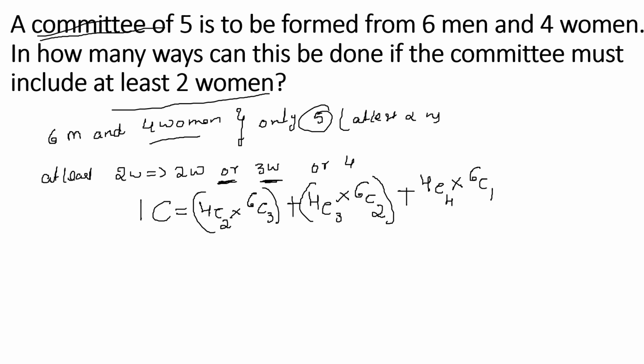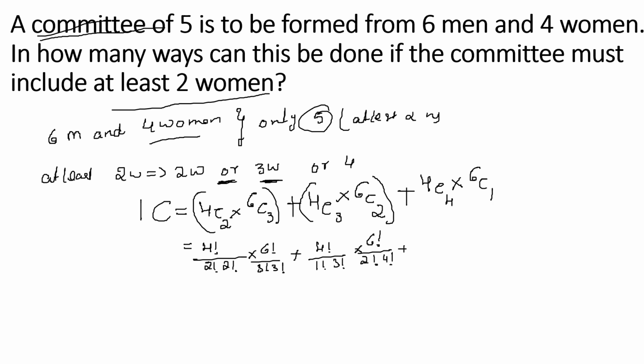So that will be equal to 4 factorial divided by 2 factorial into 2 factorial, times 6 factorial divided by 3 factorial into 3 factorial, plus 4 factorial divided by 1 factorial into 3 factorial, times 6 factorial divided by 2 factorial into 4 factorial.